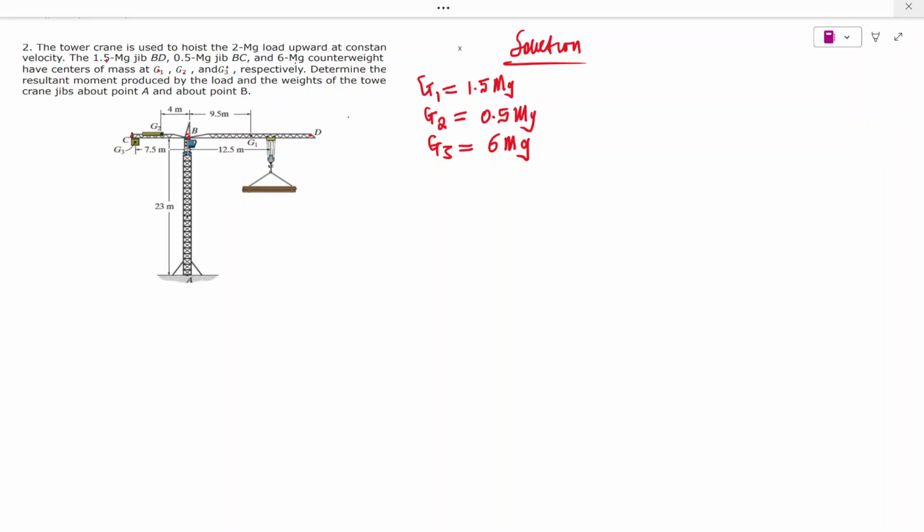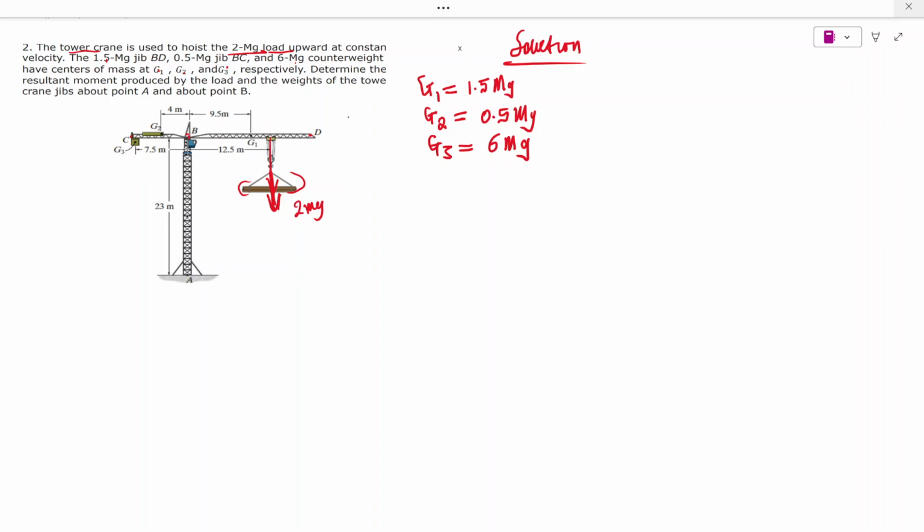As you can see, in this question, the tower crane is used to hoist a 2 megagram rod upward at a constant velocity. So there is also a weight here, and this weight or rod of 2 megagram.